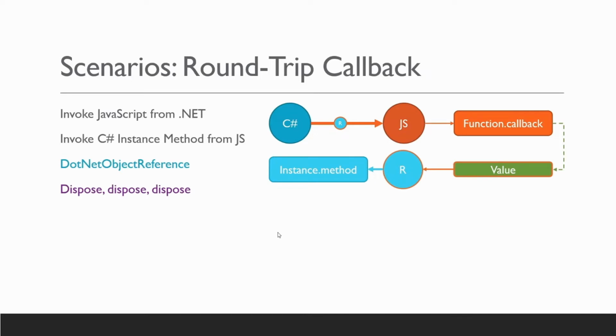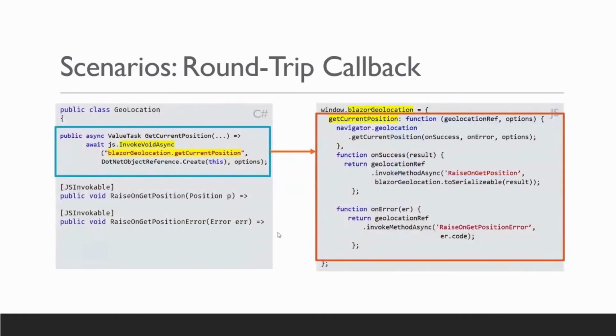So we're going to talk about invoking JavaScript from .NET, and we're going to have a callback or a promise that we're kicking off in the JavaScript side of the application, and then use a .NET object reference to call back into the C# application and execute another method. And of course, we want to make sure when we're done doing this type of scenario that we dispose all of the resources that we're using for this type of behavior.